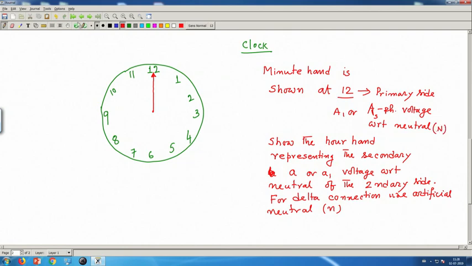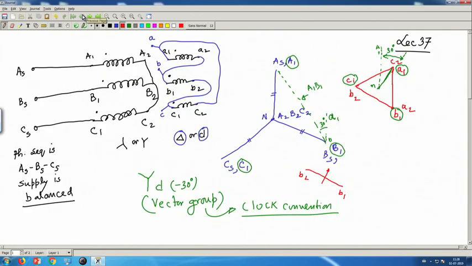For example, in the previous connection, minute hand is at 12 vertical, A1 capital N, and secondary phase voltage, this A1 is once again A, which is going to load. So, this is A or A1 with respect to neutral.